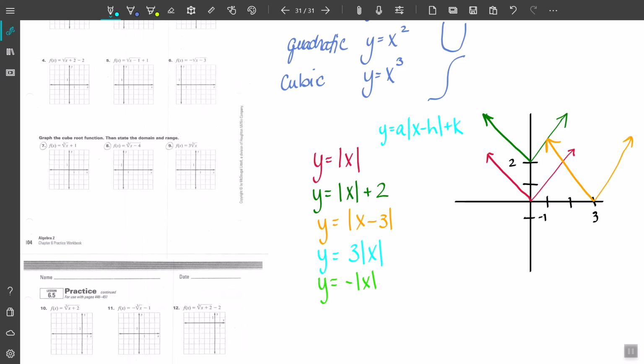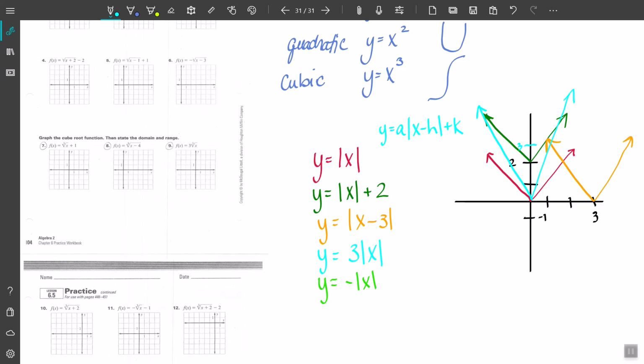So this one's going to sit on the origin, but it's going to rise at a much steeper clip. So instead of going through the point (1, 1) over here, it's actually going to go through the point (1, 3). And I probably should have written that in on my graph, but I'm just going to do it right here. All right, so it'll just go through a lot steeper, on both sides. I'll try to mirror that here. All right, it still has the V shape, but is rising a lot quicker.